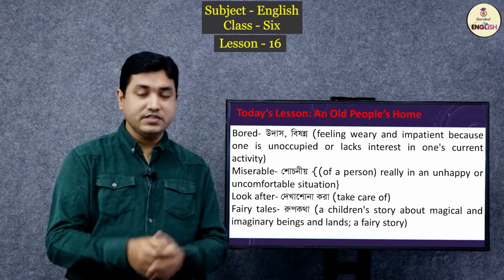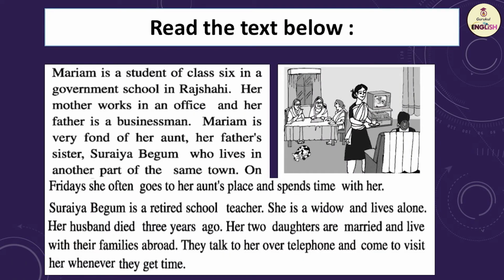Let's start our today's lesson. Read the text below. Here you can see a picture. Muriam is a student of class 6 in a government school in Rajshahi. So today we will read about Muriam and some members of her family.